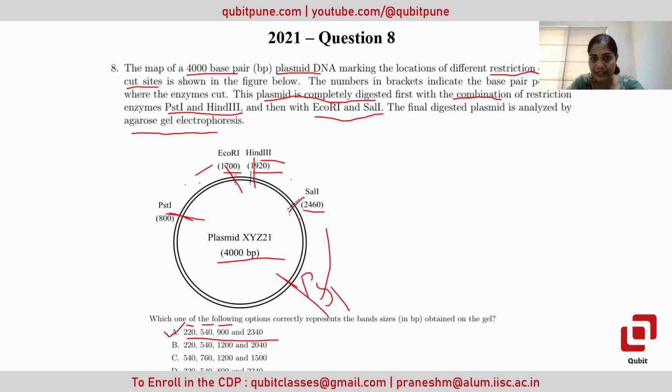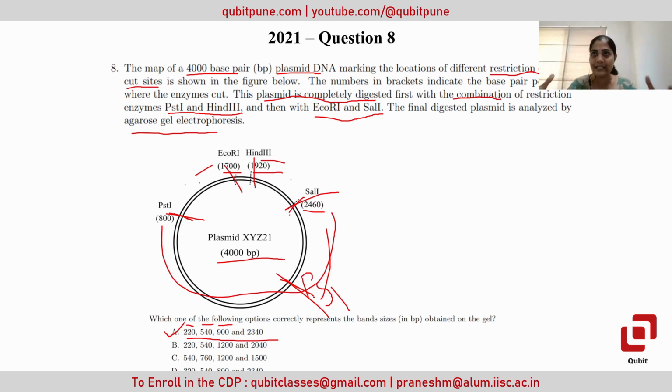So once SalI cuts, things will be a little different. The sizes will change, because right now we are considering the remaining portion as this much. However, if an additional PstI site is there, then one more cut will be there. So ultimately five fragments will be formed. That's what I'm saying.